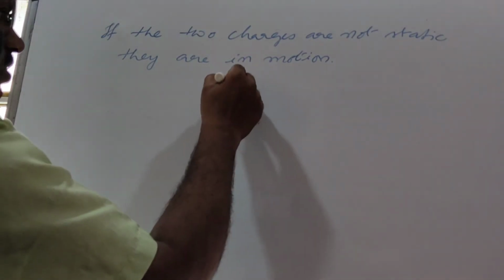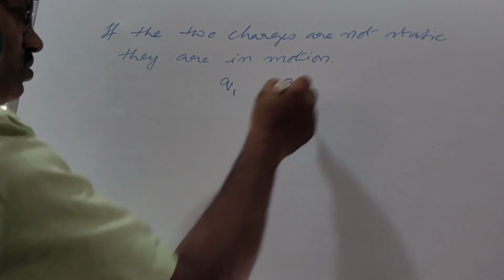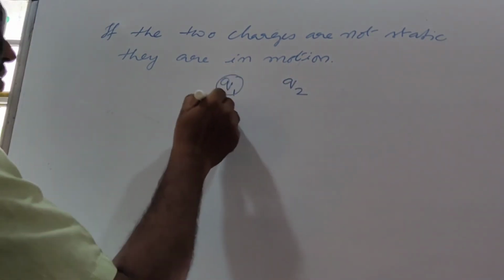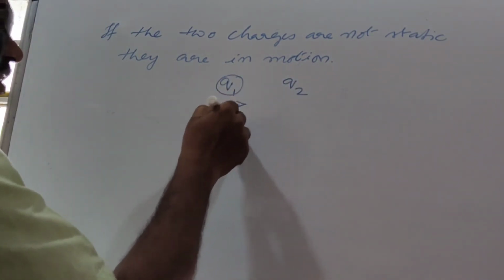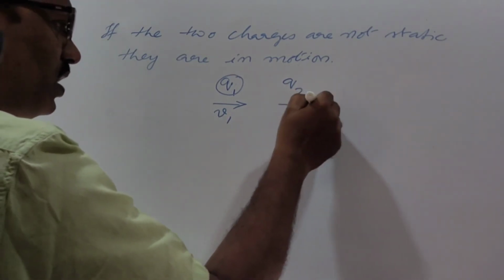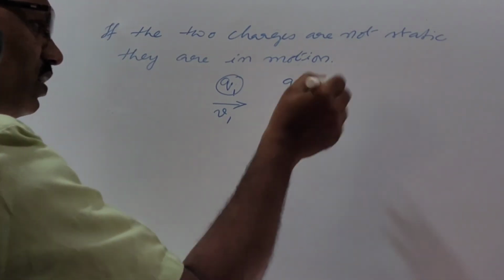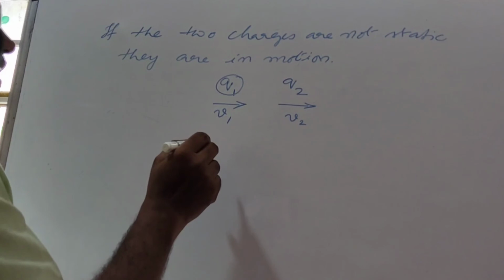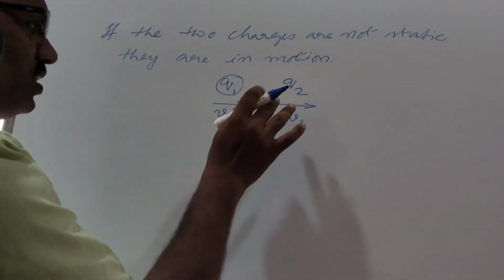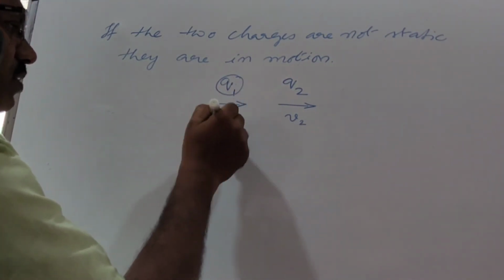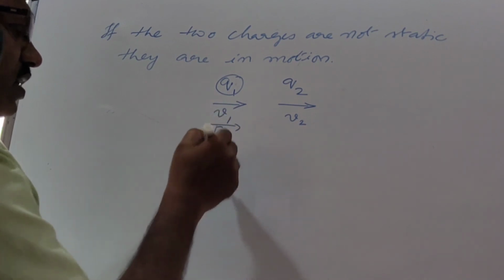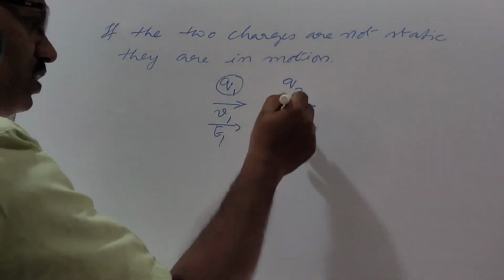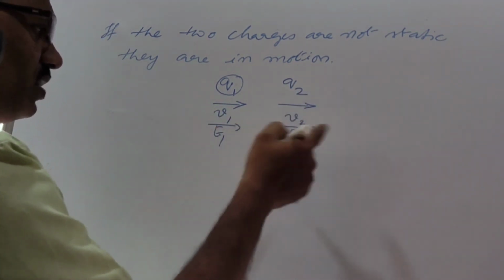For example, if Q1 is moving in this direction with a velocity V1 and Q2 is also moving with a velocity V2 in this direction, then the electric field due to Q1 will be in this direction E1, and the electric field due to the second charge E2 will be also in this direction.